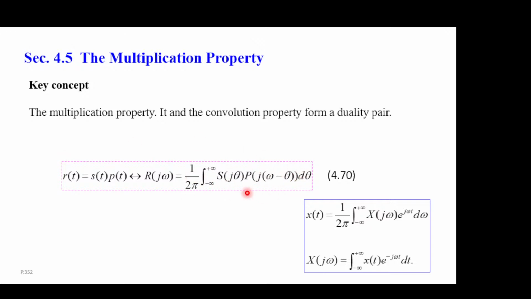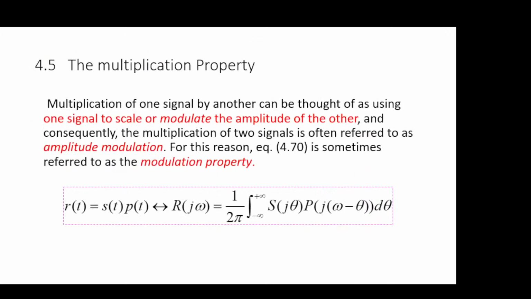This is the convolution between S and P, written in terms of j omega because for the frequency domain we are writing it in terms of j omega. So that's the multiplication property.